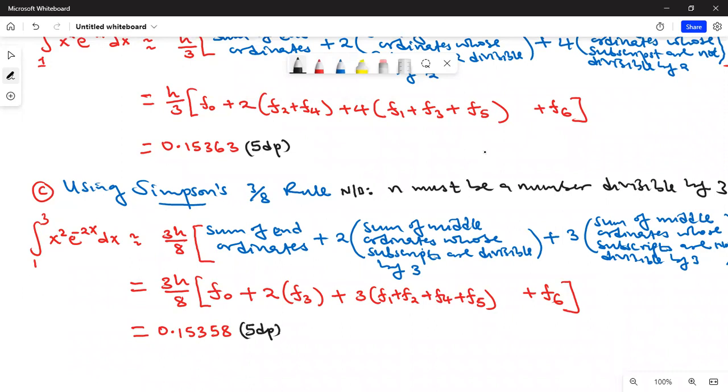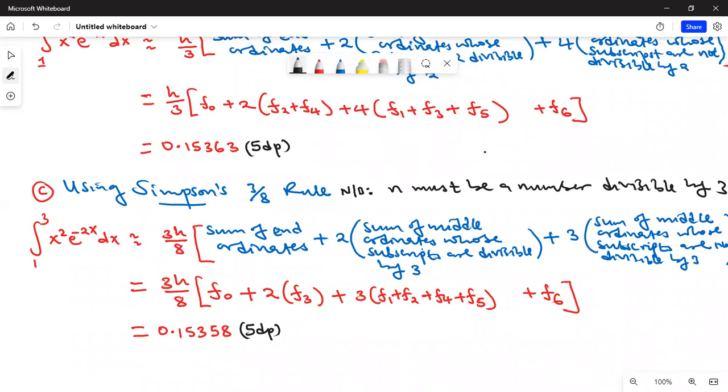Remember, these are approximate values. We don't know the exact value, which we are going to find. We also don't know the amount of error that we are going to incur. We can also find that, and also the bound, the range for the truncation error.